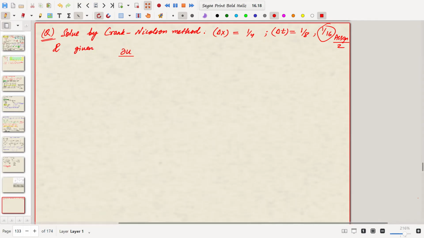Given that dou u by dou t is equal to dou 2u by dou x squared, this is the heat equation. X is lying between 0 and 1, time is greater than 0, of course.